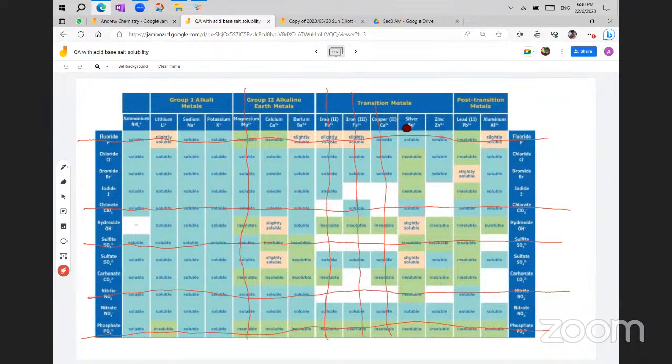Let me make it even easier for you. Look at NH4+, lithium, sodium, and K+. Isn't this simply all soluble? The one that you need to memorize. These four never decide to hold hands in water.